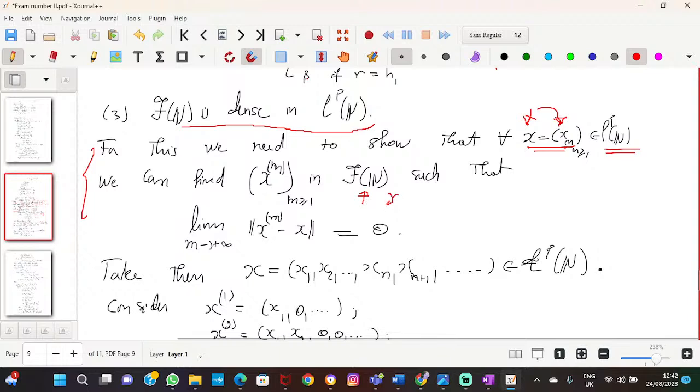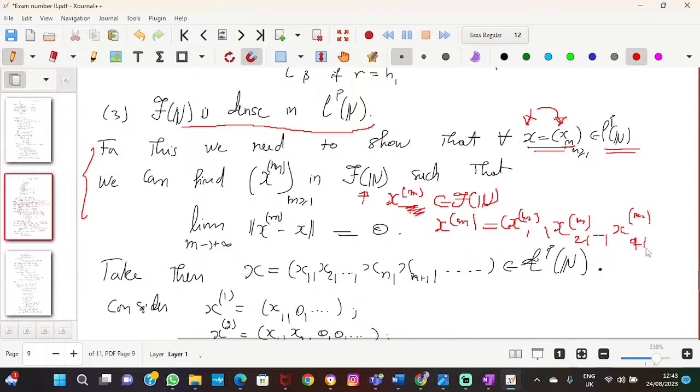So it means that if I get xm here in F1 of n, this xm is a sequence. It must have components like xm1, xm2, like this, up to xm, I don't know where I'm going to stop, let's call it q, and 0, 0 everywhere, according to the way we defined f1 of n.